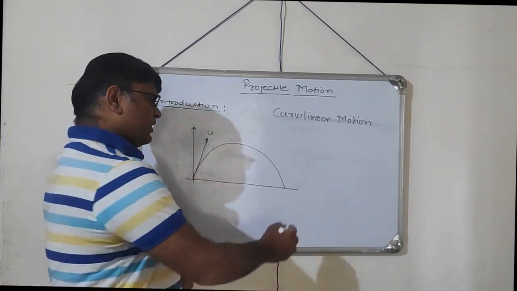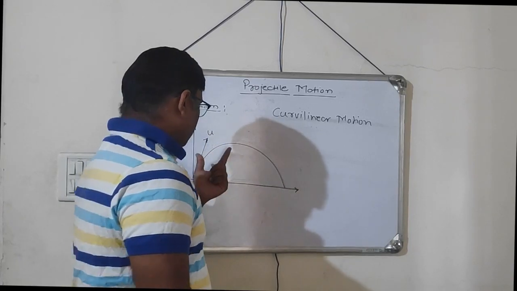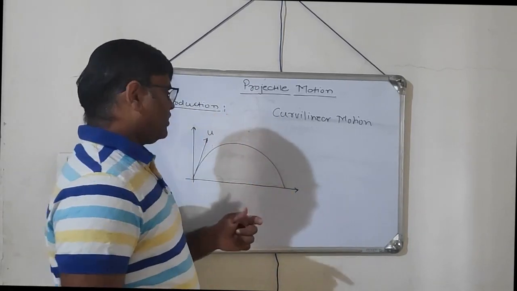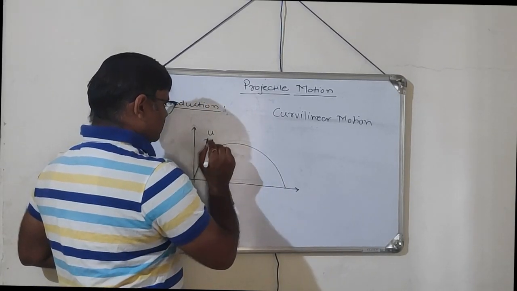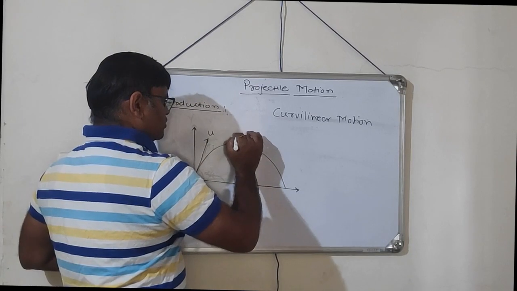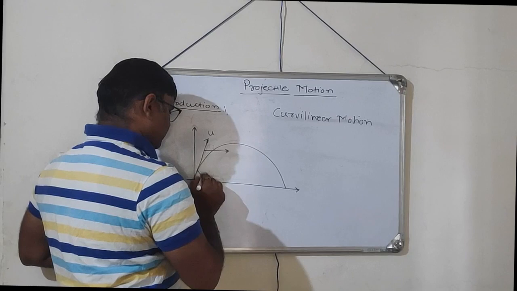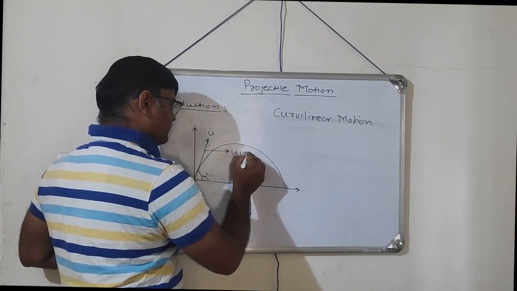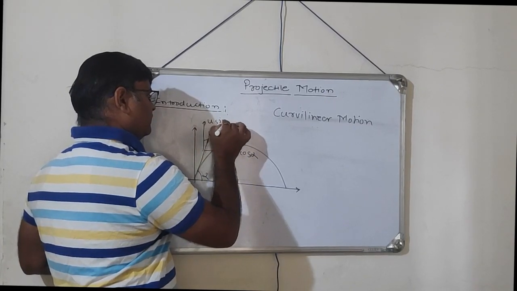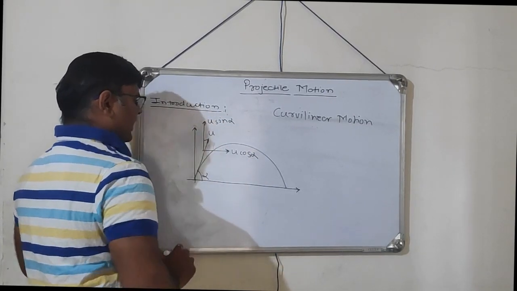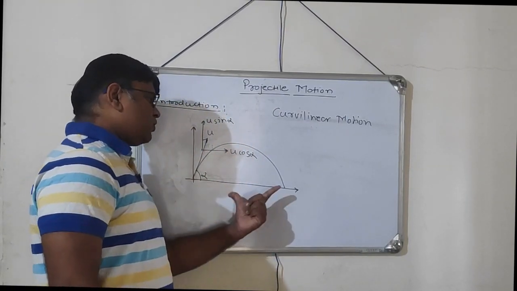Always remember that projectile motion is a combination of the vertical component and horizontal component of velocity. So u has two components. As it is inclined, it gets divided into two components. If this is your alpha, the horizontal component is u cos alpha, and the vertical component is u sin alpha, where alpha is the angle made by the tangent, or velocity vector, with respect to the horizontal axis.